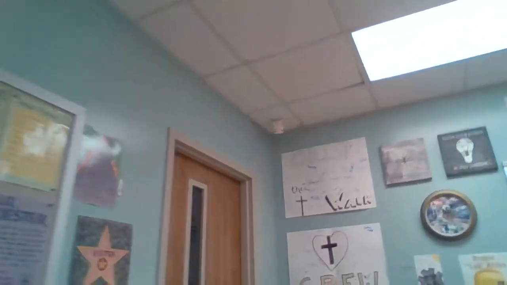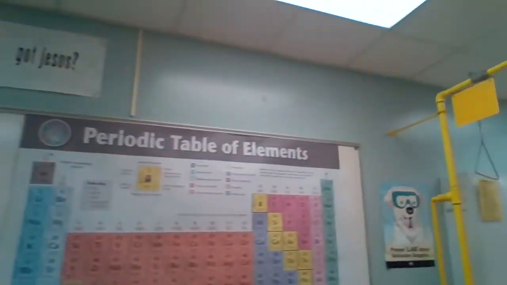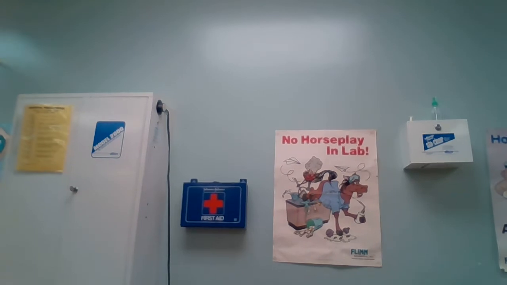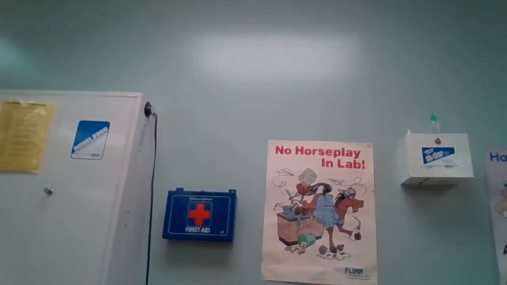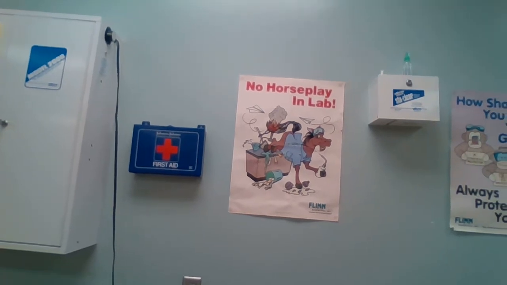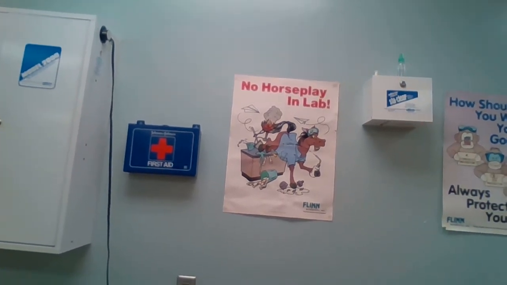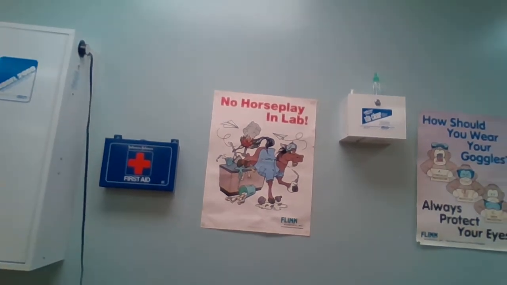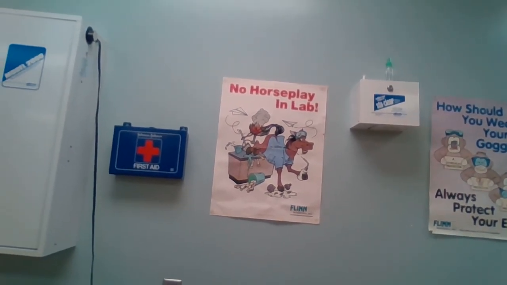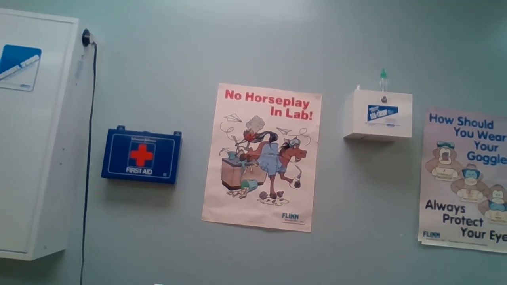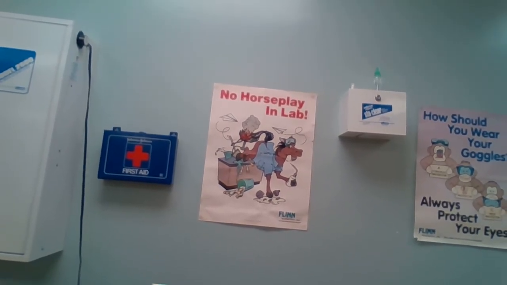All right, so here we go. There it is. All right, so no horseplay in the lab. We talked about this yesterday on the safety thing. And the horse here is obviously playing, and he's doing all the things that we're going to talk about here in question 26.